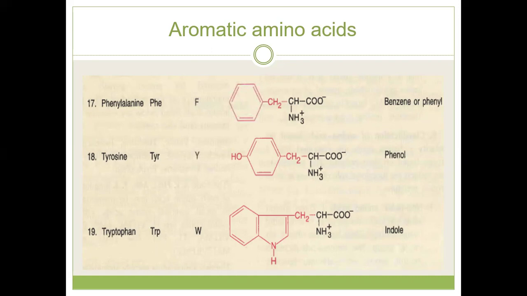In phenylalanine, you have the beta carbon attached to a benzene ring or phenyl ring. While we already explained in the case of tyrosine, we have the beta carbon then attached to a phenyl group or a benzene with a hydroxyl group. Well, the last one, we have tryptophan, where we have an indole group attached to the alpha carbon.